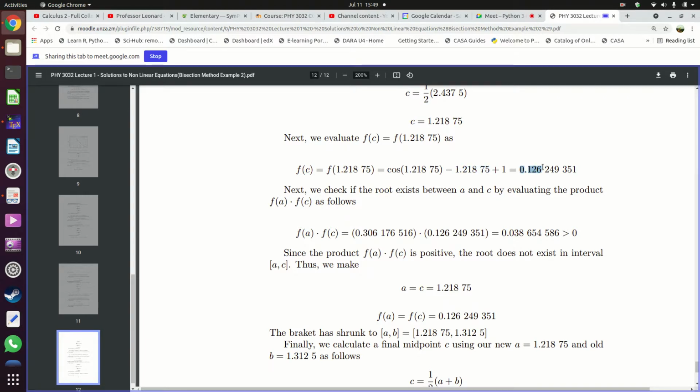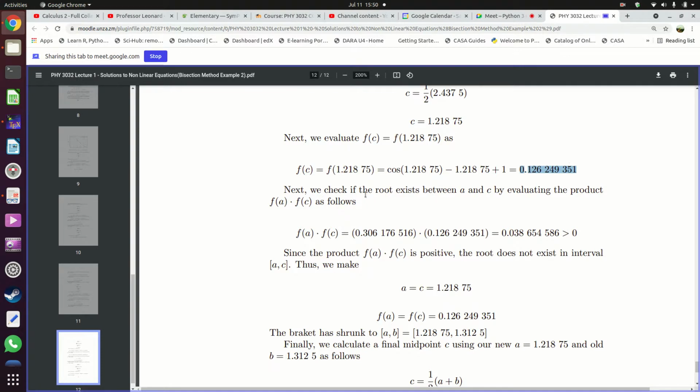We end up with 0.126247315. As you can see, this is positive. So at our midpoint, c equals 1.21875, our function f of c has a positive value.